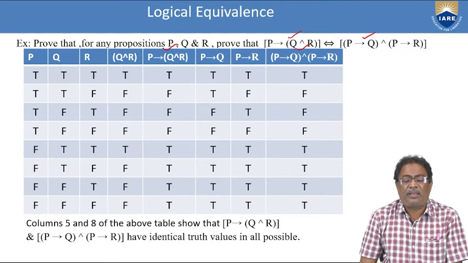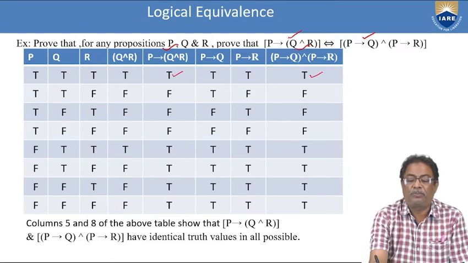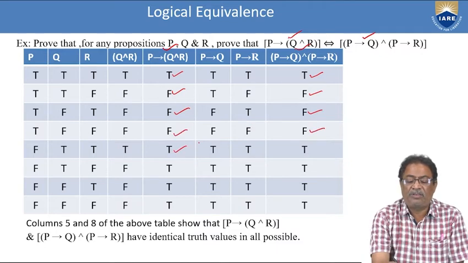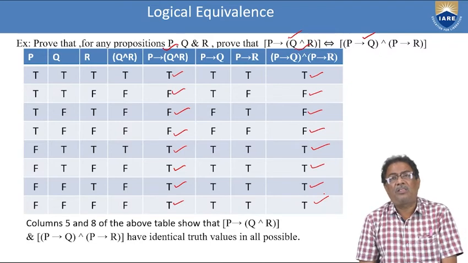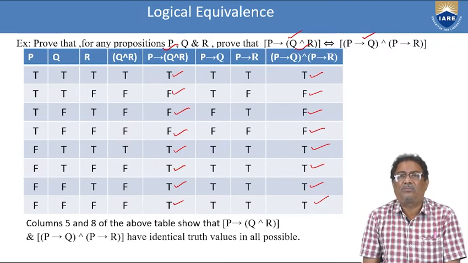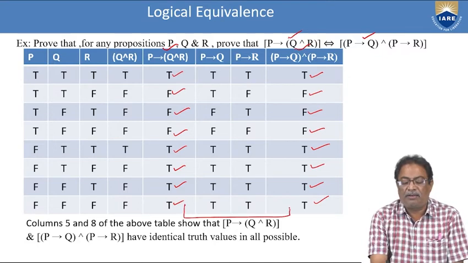Now to verify the left hand side, whatever values we are getting: true, then false, false, false, then true, true, true, true. Observe this: for all combinations of the truth values of P, Q, R, both columns are identical.